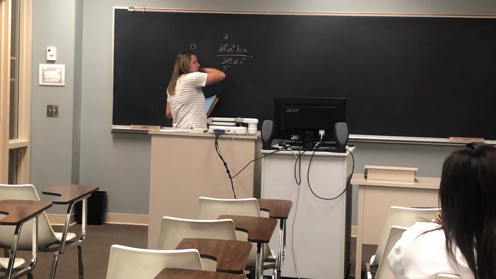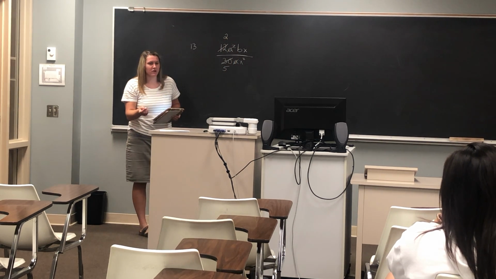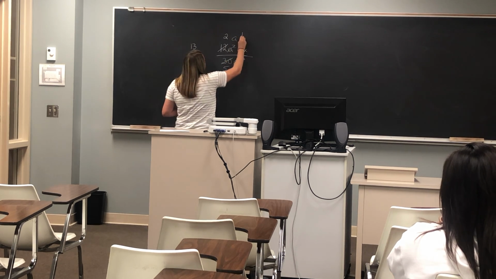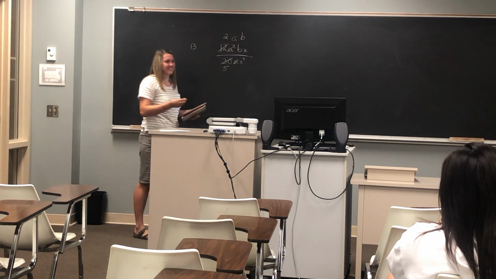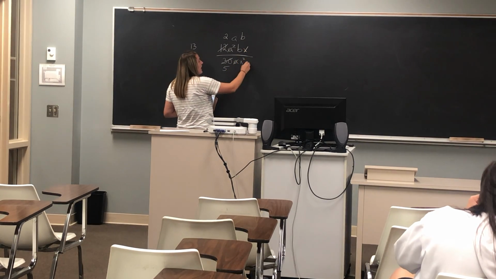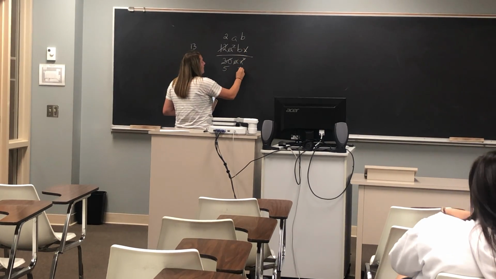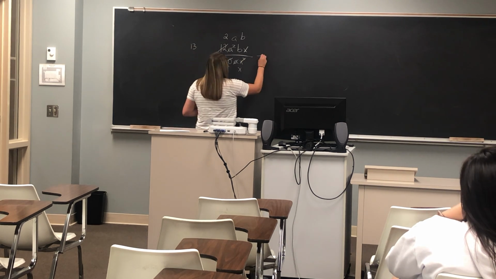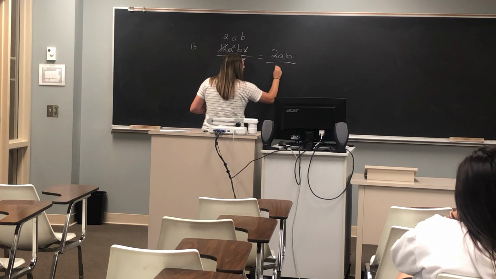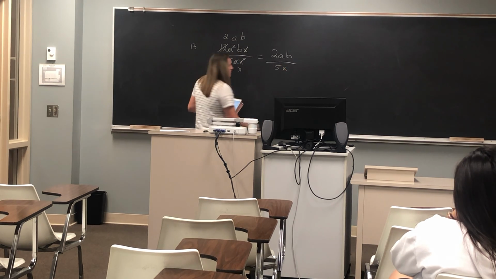And if a goes into a squared, what should we have left over in the numerator, Aloha? A. Well, b still gets to be b. It doesn't get canceled out. And so we're going to go ahead and cancel our x. And that should give us a 1x in the denominator. So our final answer is going to be 2ab over 5x.